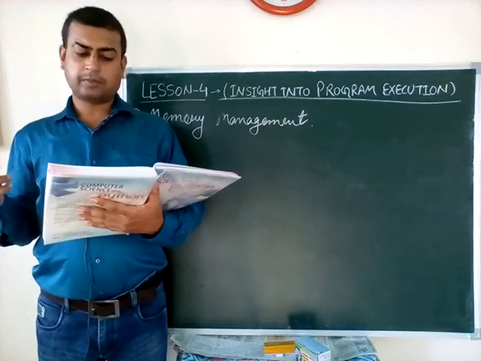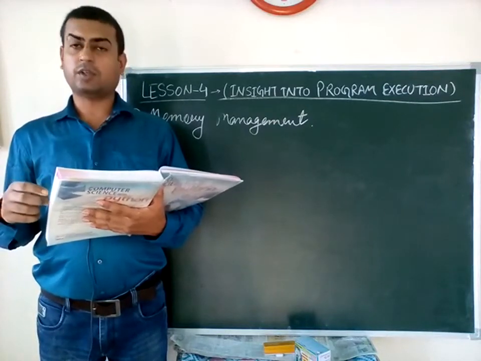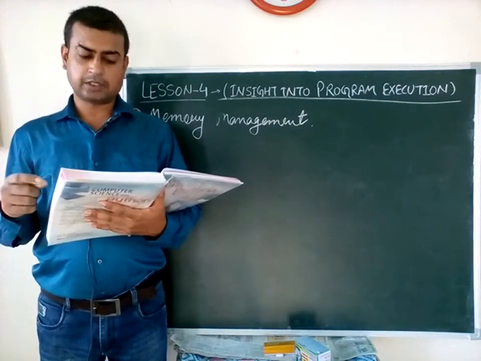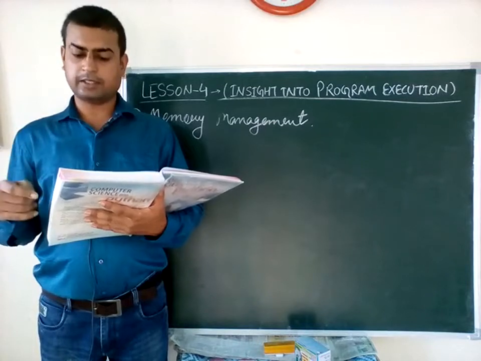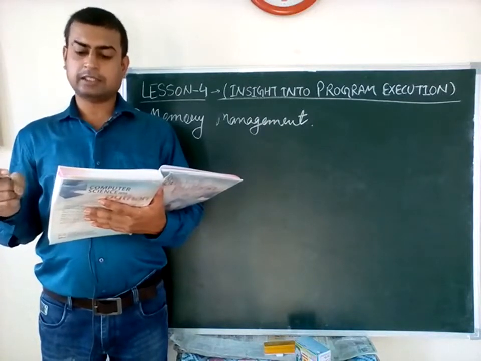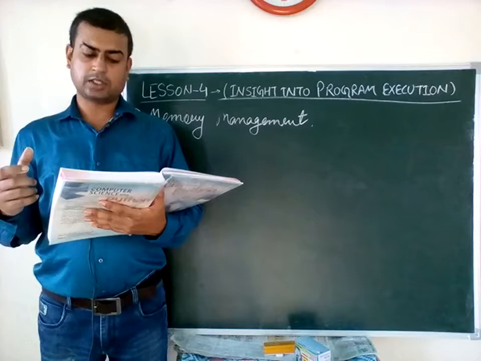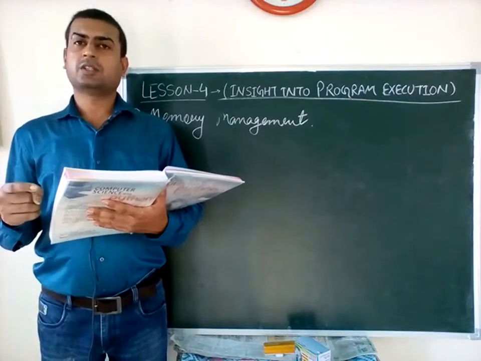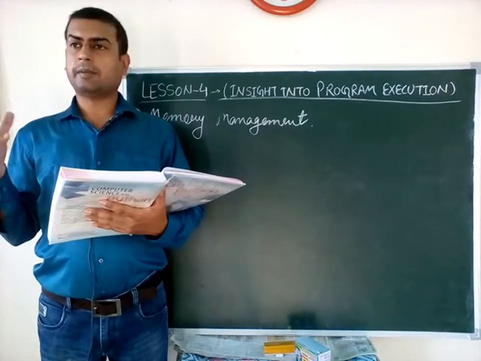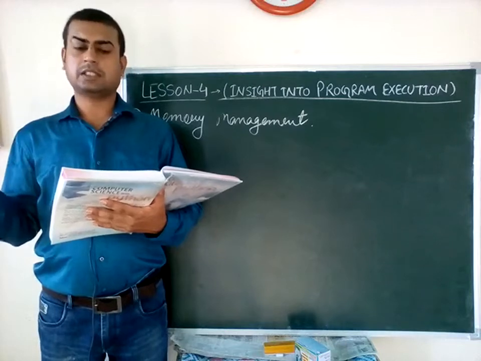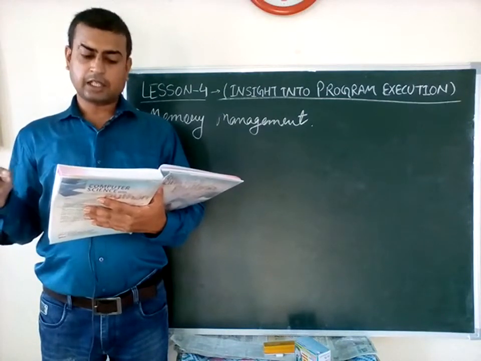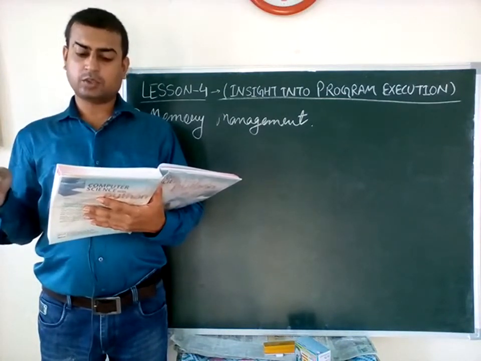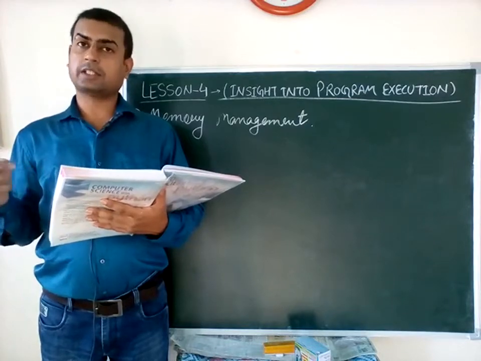The memory manager performs these functions: it keeps track of each memory location, regardless of whether it is allocated to some process or it is free. It checks how much memory is allocated to a process and how it is allocated.